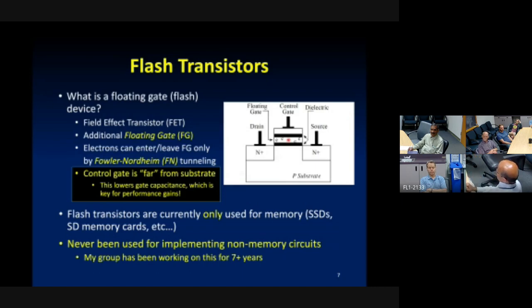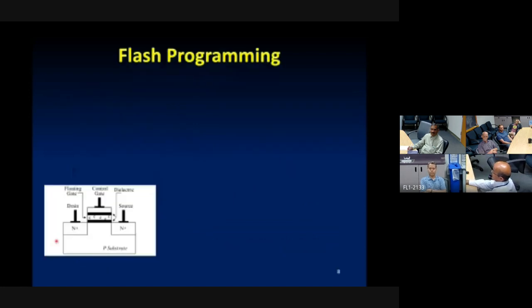Therefore, the gate capacitance drops, and that gives rise to faster switching. And that is something that our results show. So it's much faster than a traditional transistor by dint of the fact that the gate is far away from the substrate. All right. Historically, as I said, flash has been used for memories, but never been implemented for non-memory circuits. That's kind of what we are excited to do.